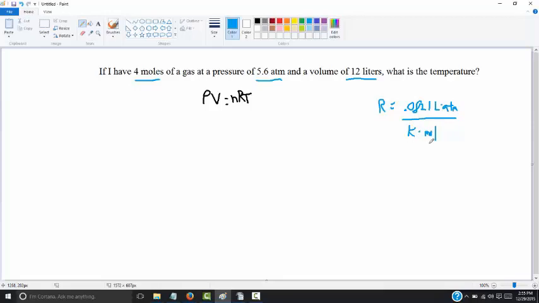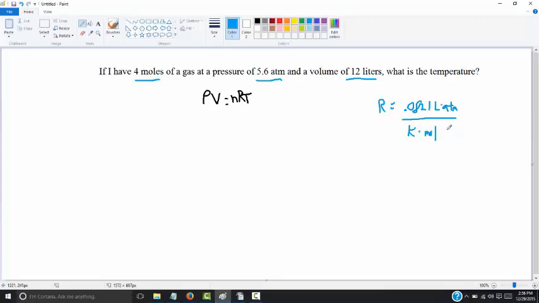A lot of times for chemistry classes, you're given questions just like this one, but you're given the pressure in torrs or in pascals or in millimeters of mercury. You must be able to convert all of those to the correct units, otherwise the answer you get will be wrong. You can't just plug in values from the question and expect to get the right answer.